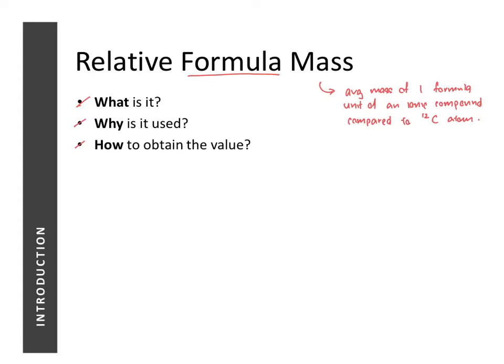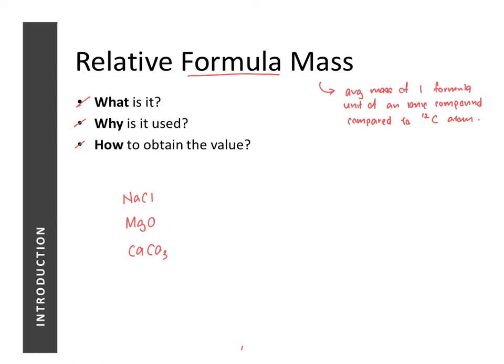Some examples of ionic compounds would be sodium chloride, magnesium oxide, and calcium carbonate.